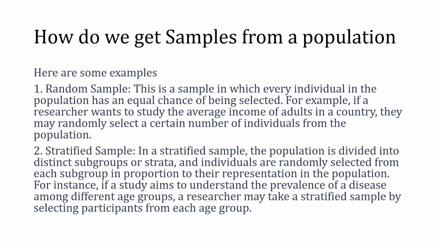Stratified sampling: in this, the population is divided into distinct subgroups or strata, and individuals are randomly selected from each subgroup in proportion to their representation in the population. For instance, if a study aims to understand the prevalence of a disease among different age groups, a researcher may take a stratified sample by selecting participants from each age group.